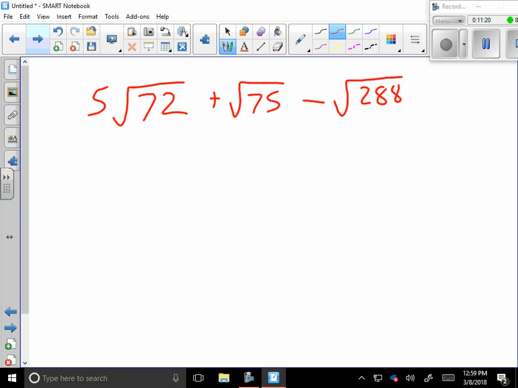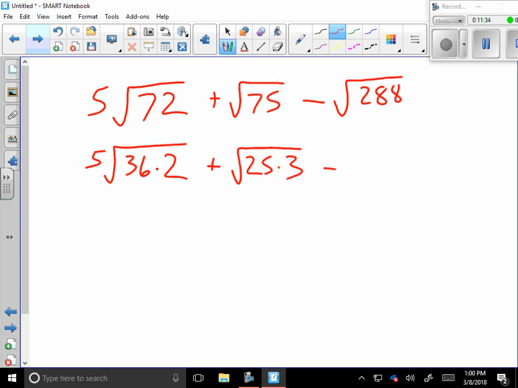Biggest square root you've got in 72 is 36. So we write that as 36 times 2. 25 is a perfect square that goes into 75, so 25 times 3. 288, you may not know the 144 is a perfect square. Hopefully now you do, and now you remember.